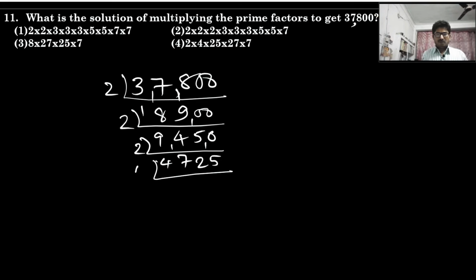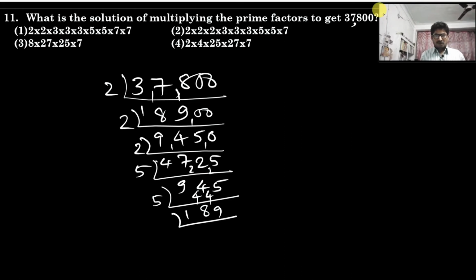Now the 5 table. 5 9s 45, 5 4s are 20, 5 5s are 25. Then the 3 table. 3 6s, 3 3s, 3 2s, 3 1s, 3 7s.